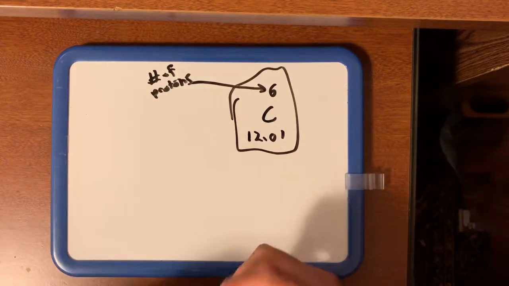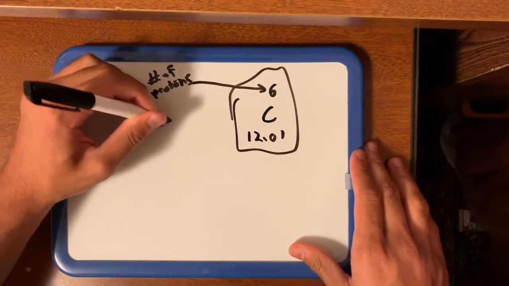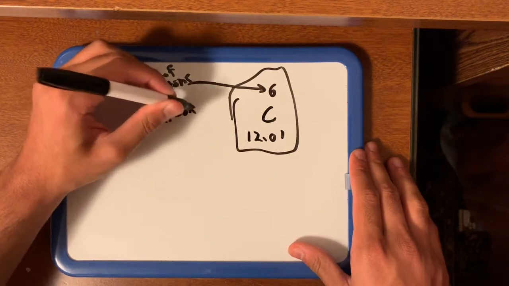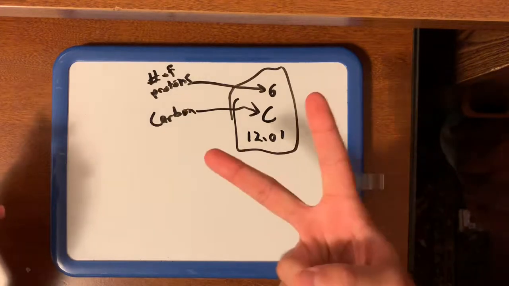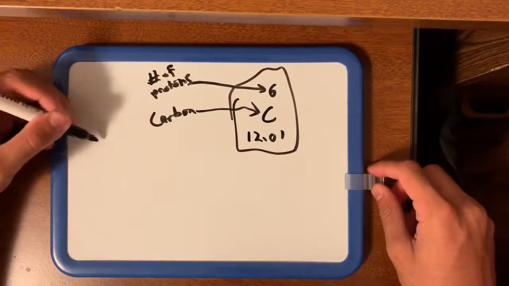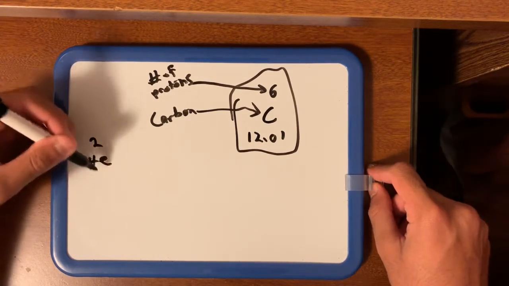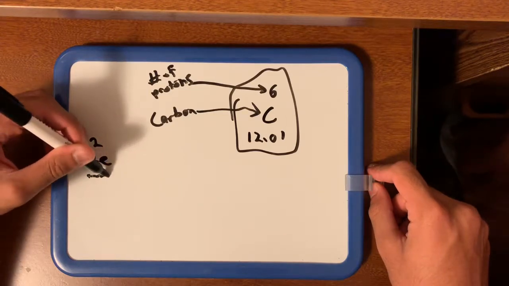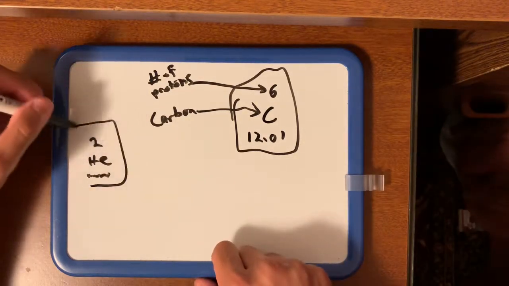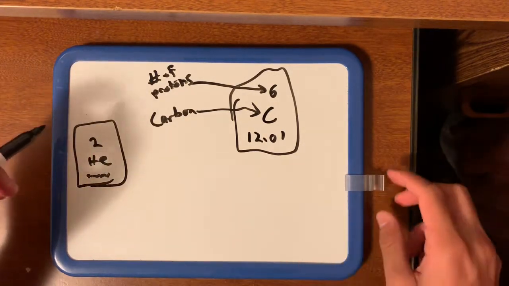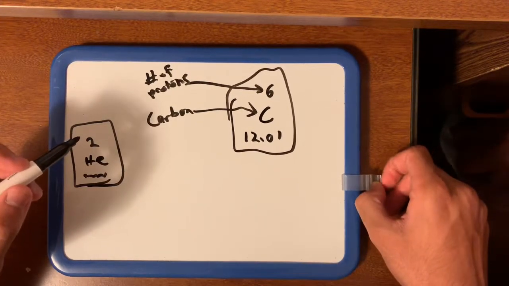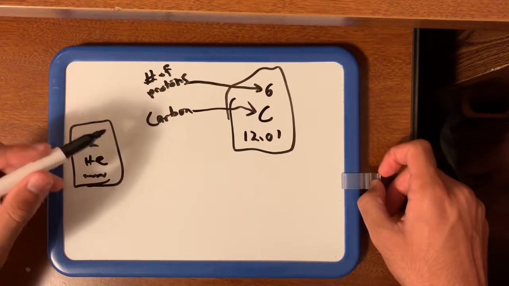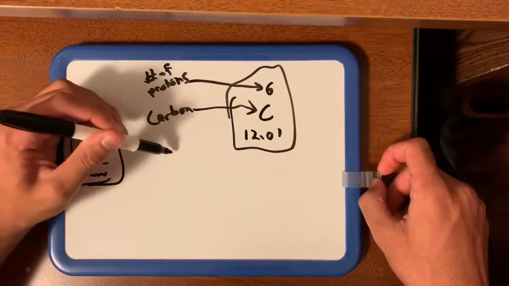So this element is called carbon. Let's say I had an atom with 2 protons. That would be helium. I'll get to the bottom number in a sec. If I had an atom with, let's think, 8 protons, okay?